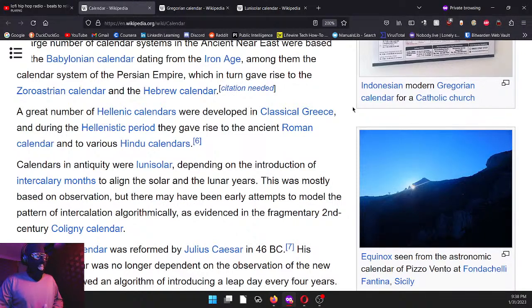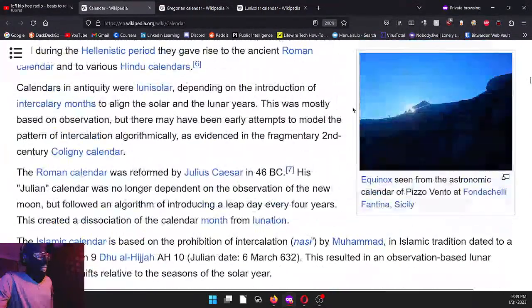This was mostly based on observation, but there may have been early attempts to model the pattern of intercalation algorithmically, as evidenced in the fragmentary 2nd century Coligny calendar. Yeah, that's actually quite interesting when thinking about learning about before the Common Era, and how they would structure calendars.